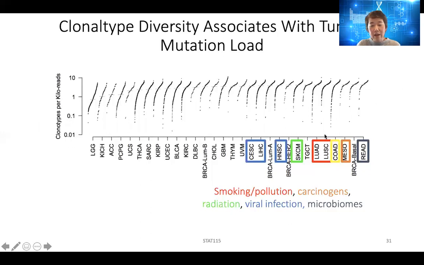Whereas on the right, whether it's because of smoking or pollution, or carcinogens or radiation, or infection or microbiome, these tumors have overall higher mutations. Their T cells also have higher diversity. They have different TCRs potentially to recognize the very different mutations in the tumor.